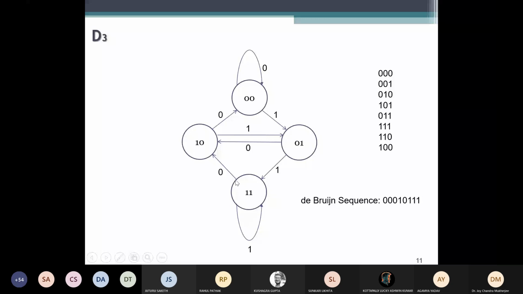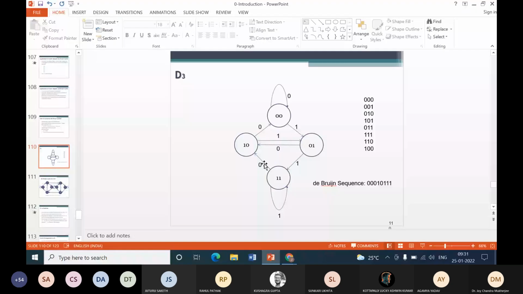I go by 0, then this 0, then this 0, three zeros, then 1, then 0, then 1, then 1, and then the last one. So I first traverse this.